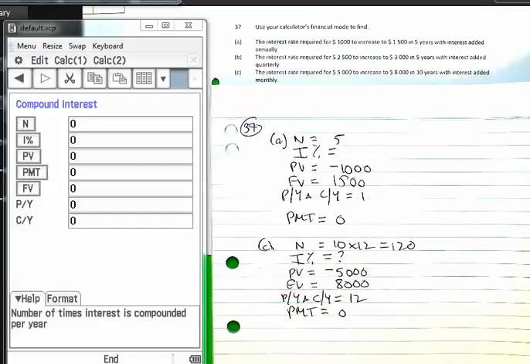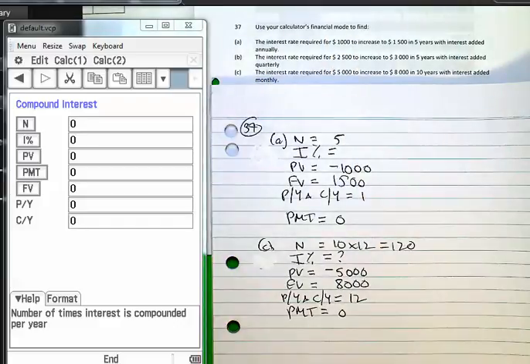Question 37, we're going to look to see how we can use the calculator's financial mode, that's main, finance or similar, in order to work through a series of questions. Now please note, you can't find the interest rate or the number of payment periods type problems without a lot of really dramatic maths.